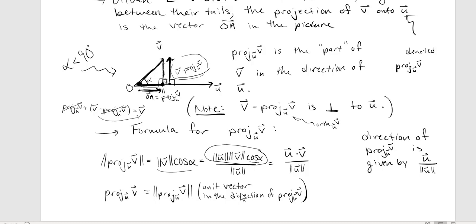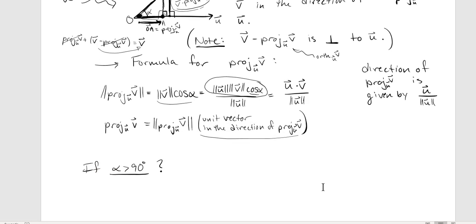So just normalize u. That's all we need here. We have the right length, the magnitude of the projection we already found. Let's just multiply by a unit vector in the correct direction now. There's our length. A unit vector in the correct direction is u divided by its own magnitude.